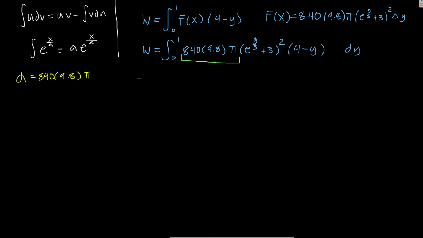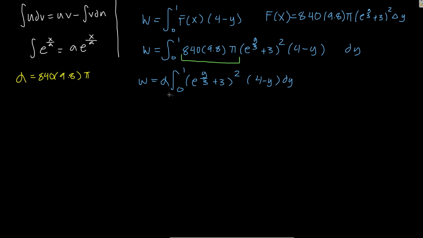So now we can say that the work is equal to alpha times the integral from 0 to 1 of e to the y over 3 plus 3 squared times 4 minus y.